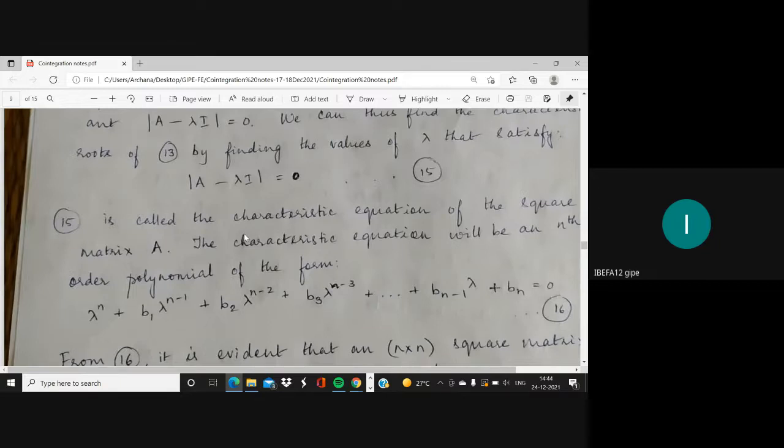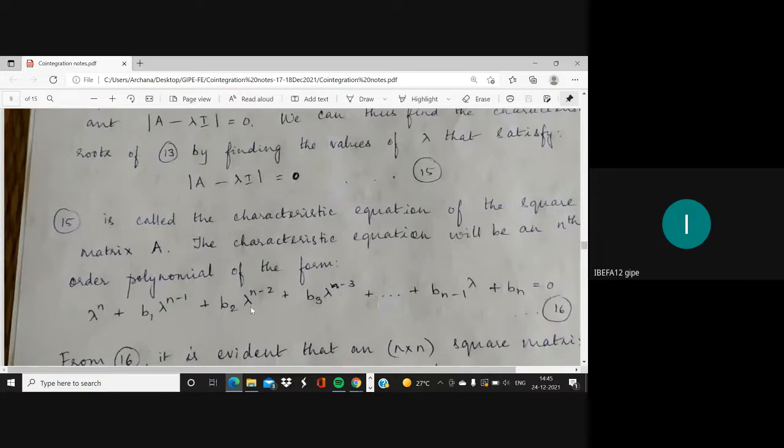Now, typically, the characteristic equation will be an nth order polynomial. Remember, your matrix A is an n by n square matrix. Because of that, the characteristic equation will be an nth order polynomial which will have this form. Again, these are the characteristic roots, lambda raised to the power n.